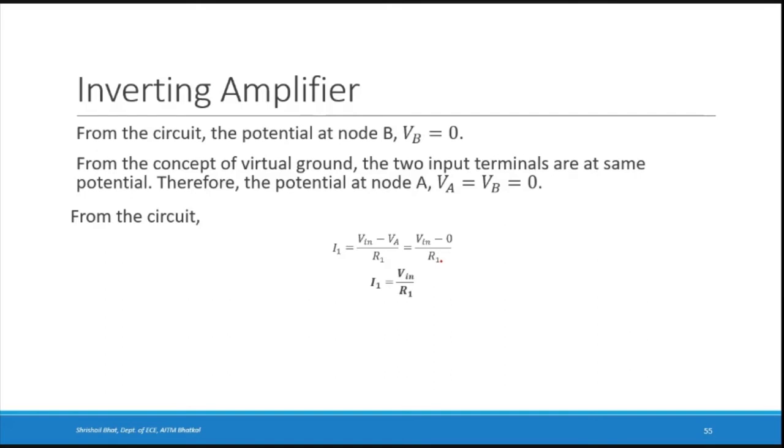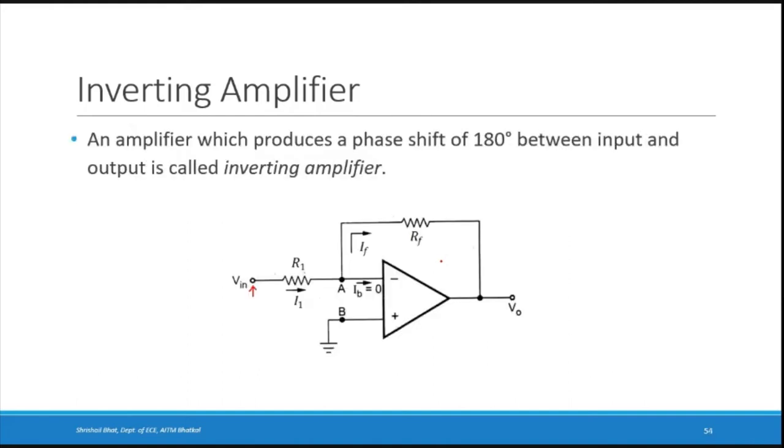Now tell me what is IF. Similarly, IF is the current through resistance RF. The potential at this particular end is VA, and the potential at this end is V0.